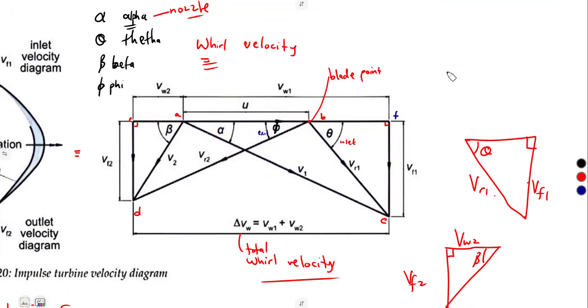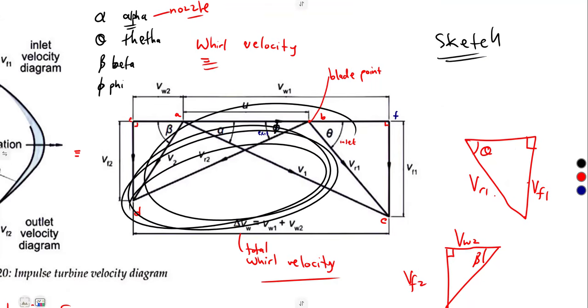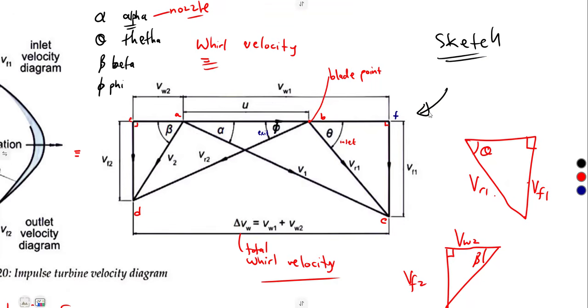Simply have a sketch first. From the information that you're given, you must have a sketch. Then you draw this according to scale. After the sketch, you must draw exactly according to scale.